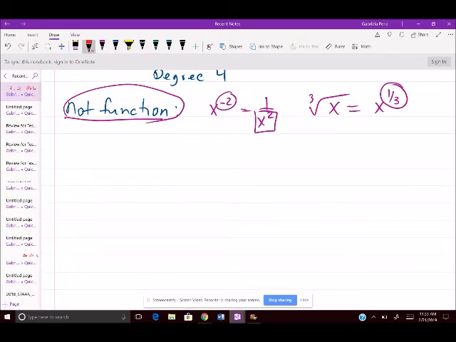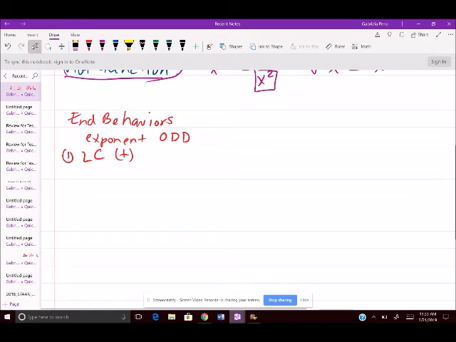Then after that, we talked about something called end behaviors. Do you remember that? Hearing about it. If not, we're going to refresh really quick. If your exponent is odd, meaning 1, 3, 5, 7, and so on, and your leading coefficient, remember your LC, is positive, I'm just abbreviating on the notes because I don't expect you to write everything, but you have 3.2 notes in there.